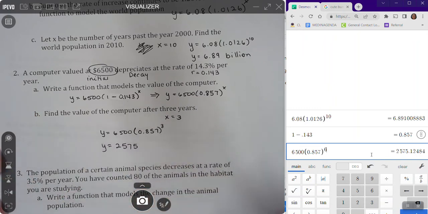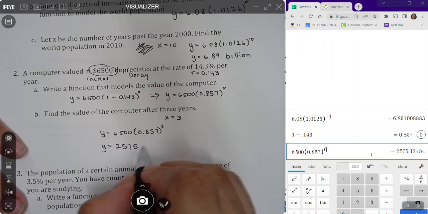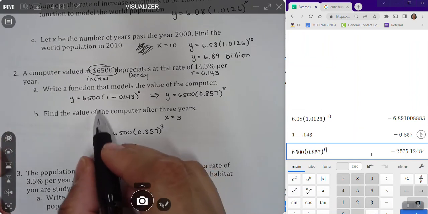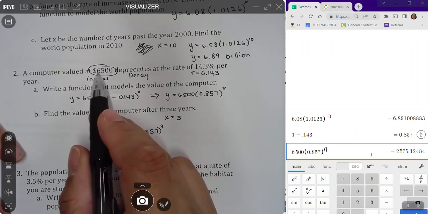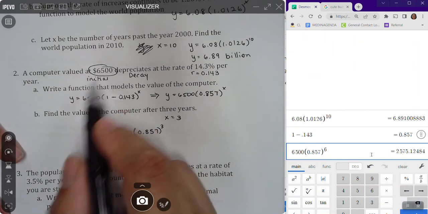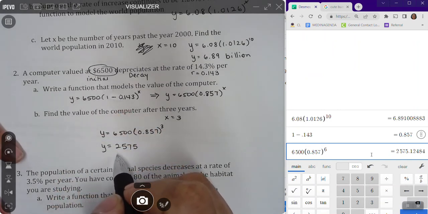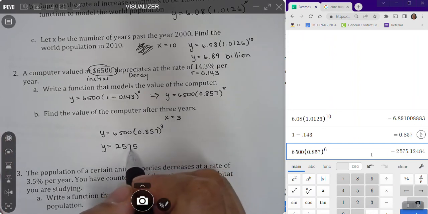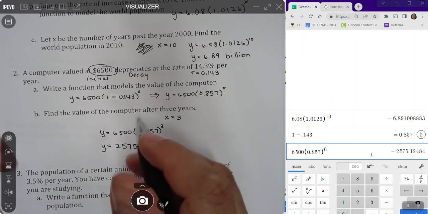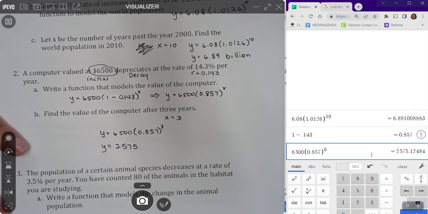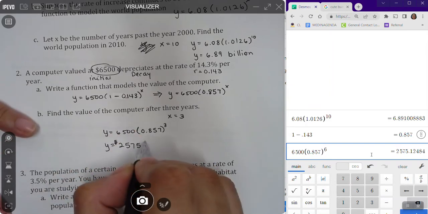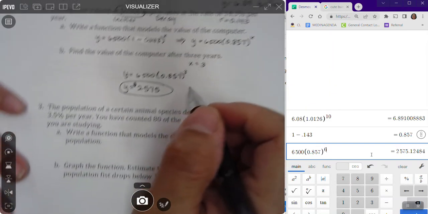It doesn't say anything about rounding, so we'll just leave it like this, okay? So the original value was $6,500, and it's now $2,575 after 3 years. So you've literally lost almost $4,000 in value, I would say. All right, so that's the new value of the computer after 3 years.